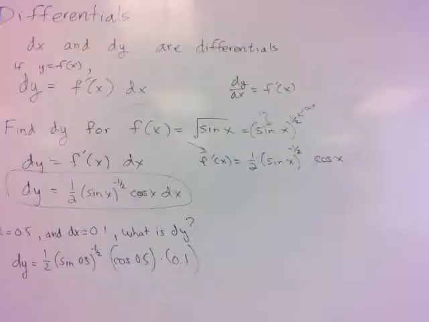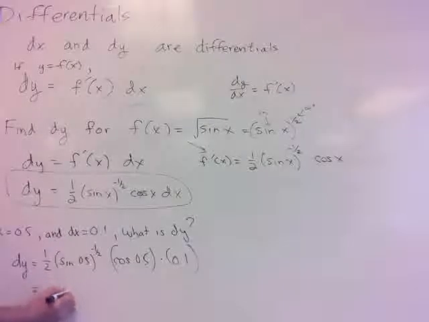Let's see. This will be 1/2. Oh, that's a fun one. All right, so sine of 0.5 to the negative 1/2. Why did I make my function so complicated? All right. This turns out to be, I get 1.4444.